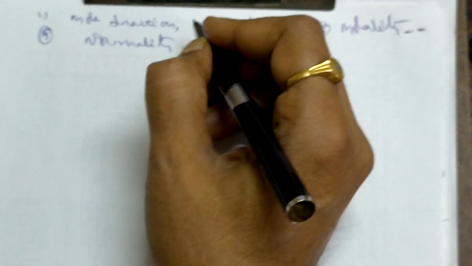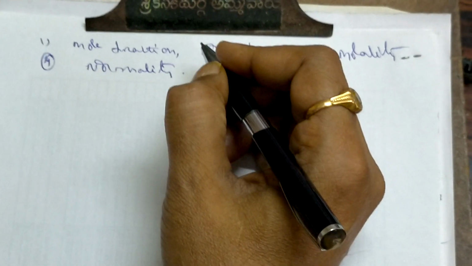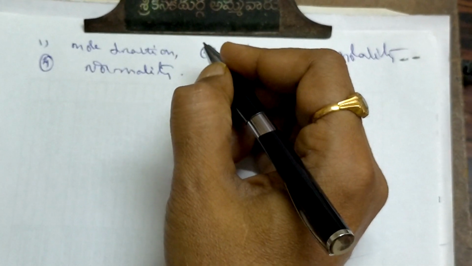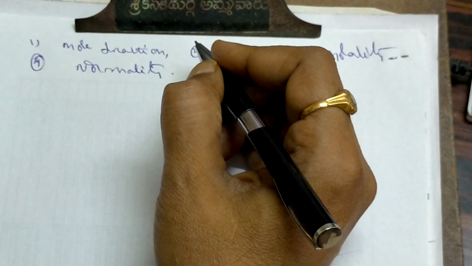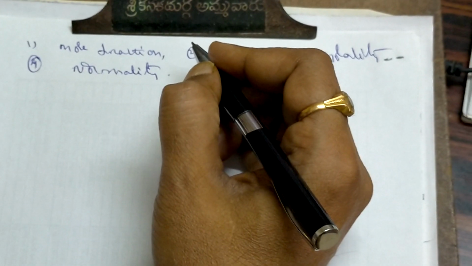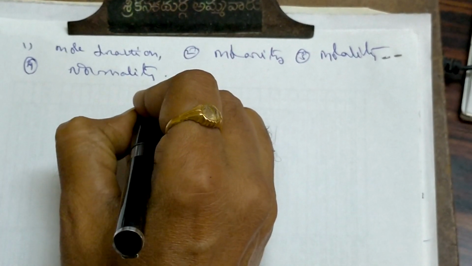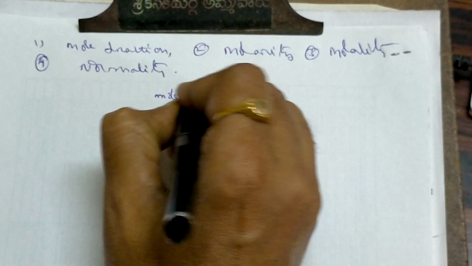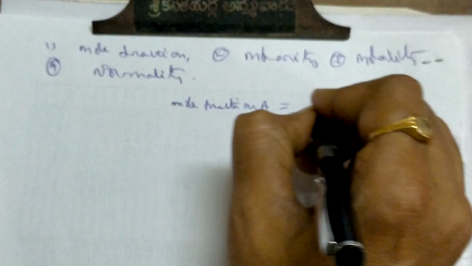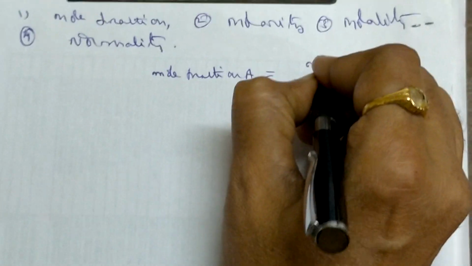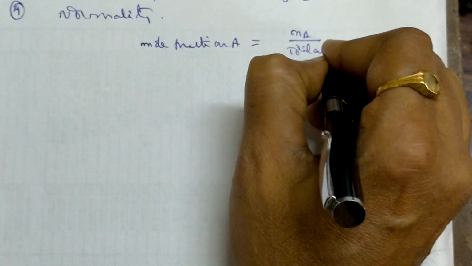Now, what is mole fraction? It is the ratio of the number of moles of a particular component to the total number of moles in a solution. If A is dissolved in solution B, mole fraction of A is equal to the number of moles of A by the total number of moles.